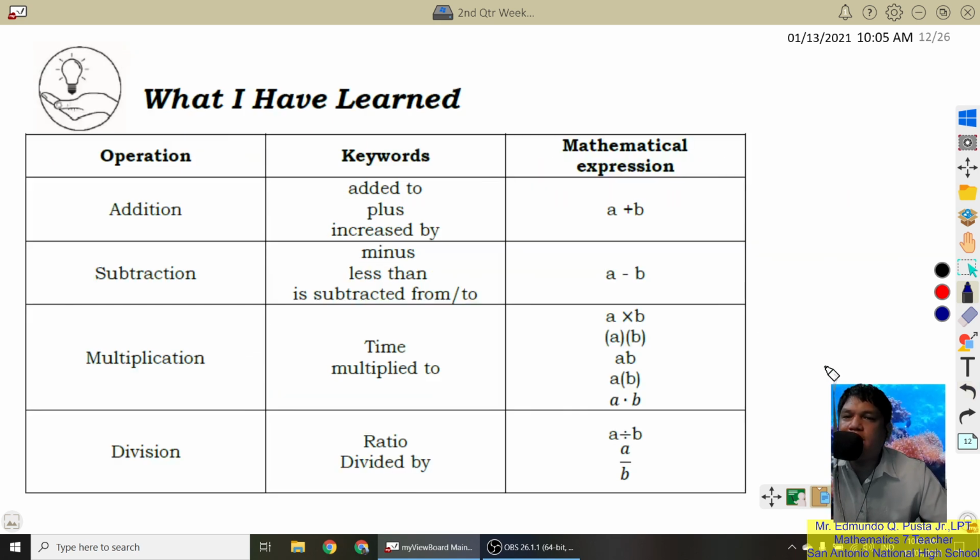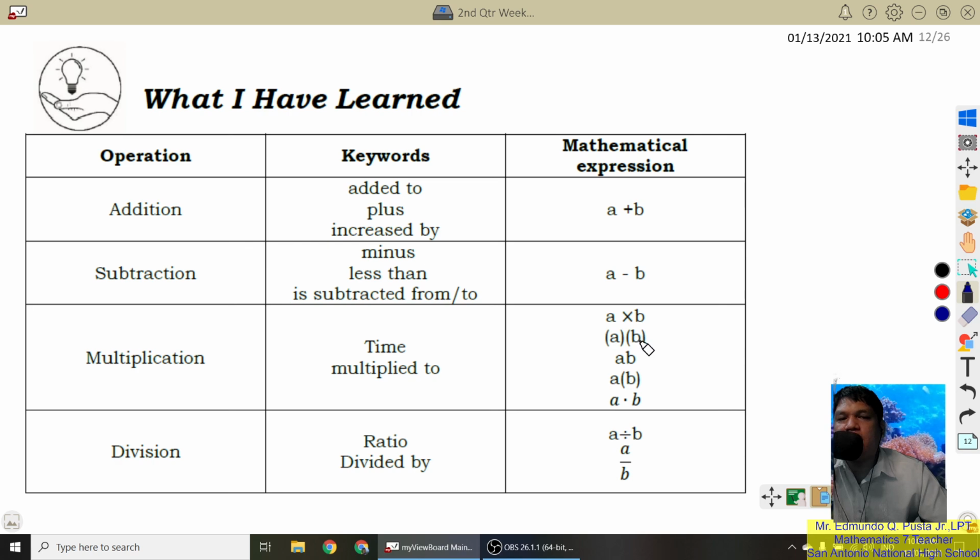Okay, what have we learned? For addition, we use these following phrases. Okay, added to, plus, increase. And therefore, we have A plus B. Okay, for subtraction, we have minus, less than, is subtracted from or to, we have A minus B. For multiplication, we have time or times, multiplied to, and these are the symbols that can be used.